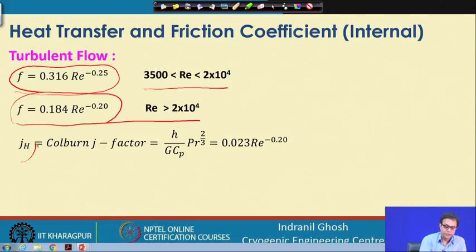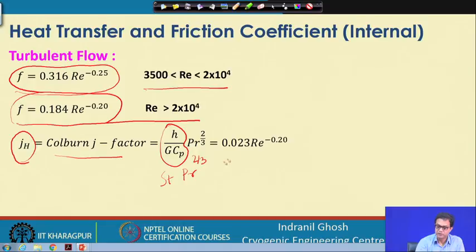We have also seen the Colburn j factor, which is nothing but the Stanton number into Prandtl number to the power 2/3, equals this relation, and this is valid for turbulent internal flow through a circular tube.